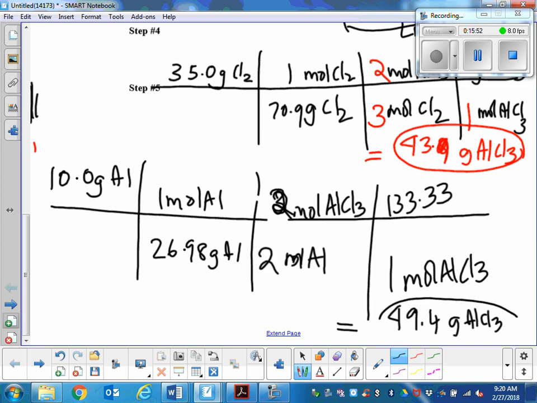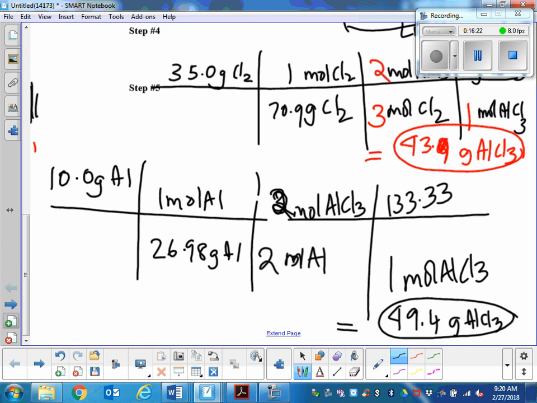So the other way you can find a limiting reactant is, it's almost as if I'm starting with 4 bread slices and I'm finding how much sandwich I can make. I'm starting with 3 cheese slices and I'm finding how much product I can make. In which case did you make lesser product? With 10 grams of aluminum or 35 grams of chlorine? 35 grams of chlorine.